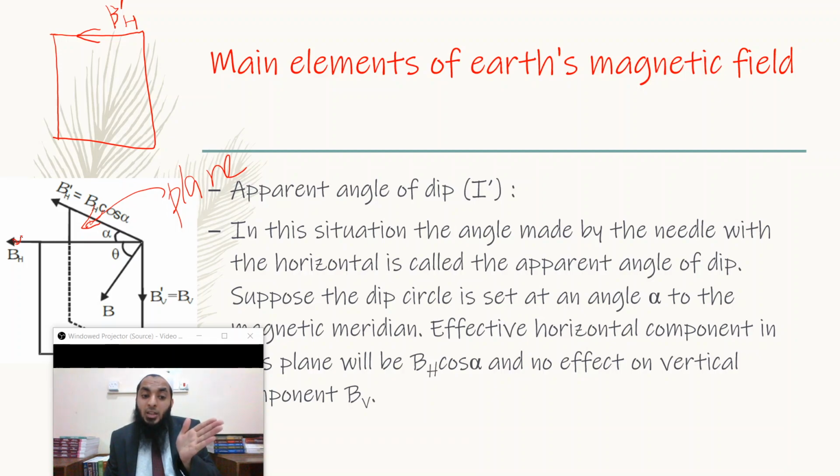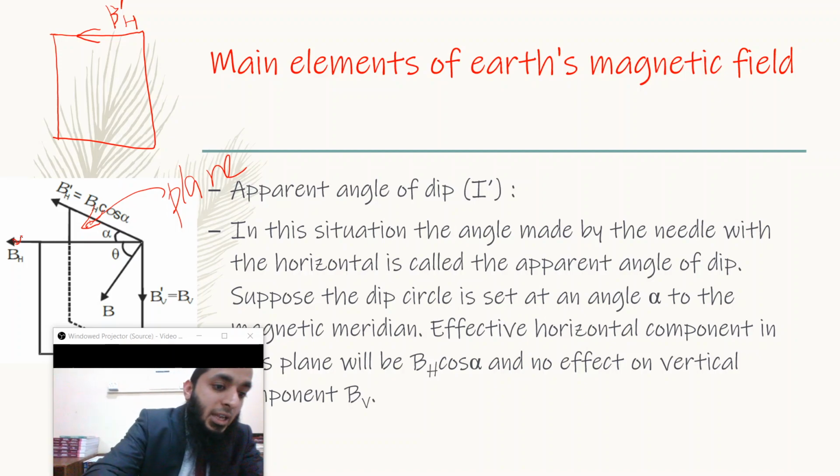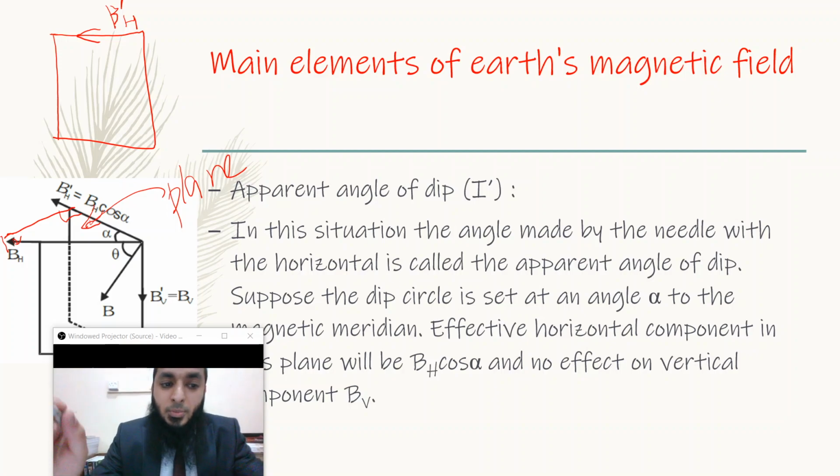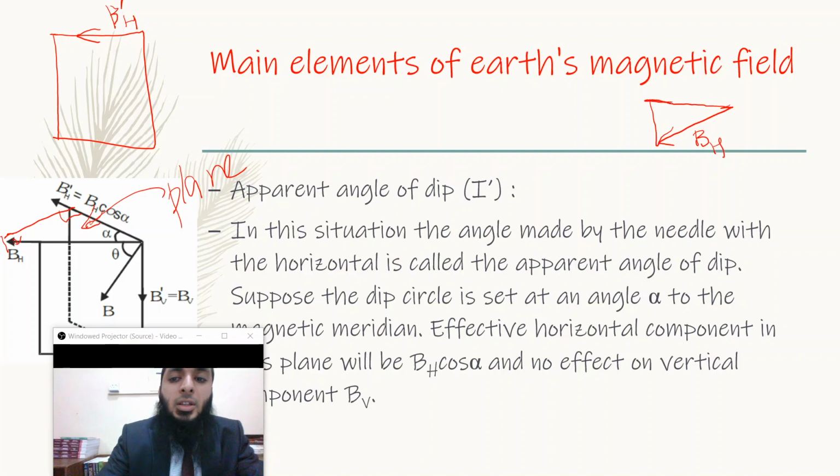Now you are inclining the plane in some other direction. So what will you have? You will have a component of the horizontal component in the magnetic meridian. That means this BH, you will have a component of BH along this. So this will be 90 degrees. I'll just show that first. Suppose this is BH and this is the other plane, a new plane that we have taken, which is not along the magnetic meridian.